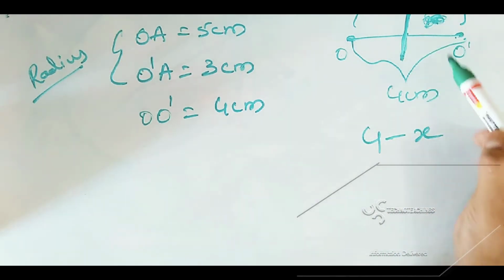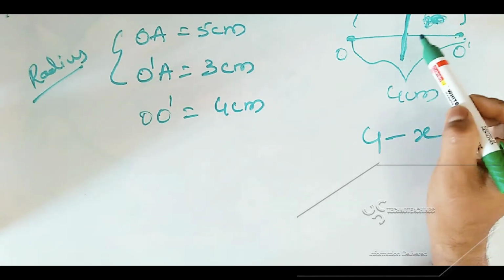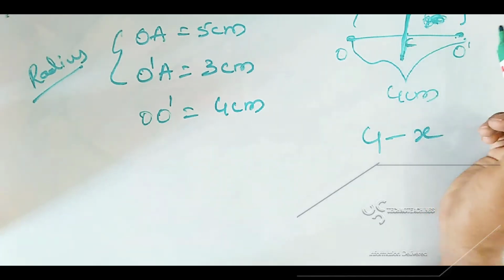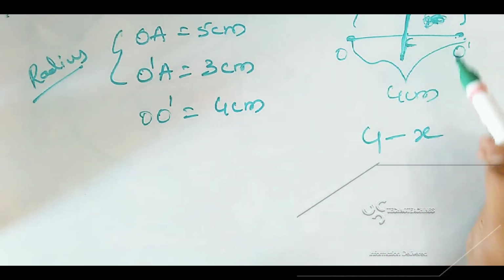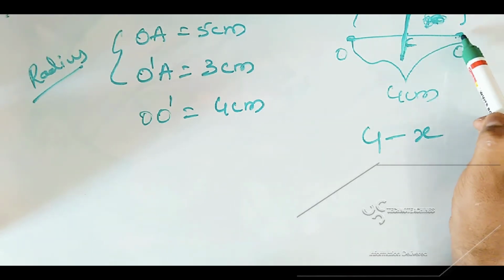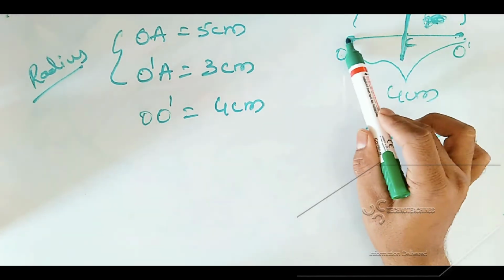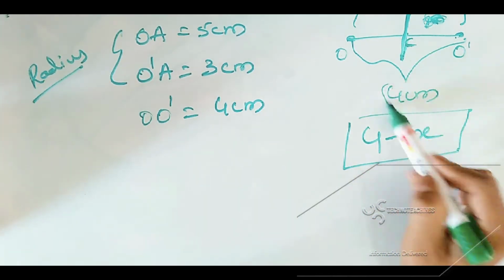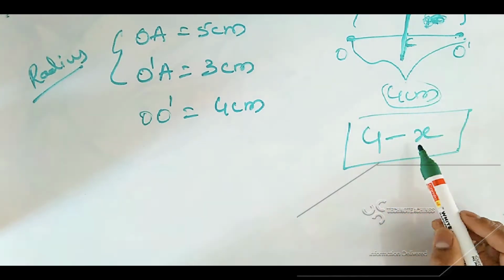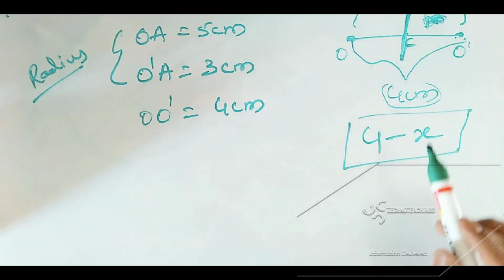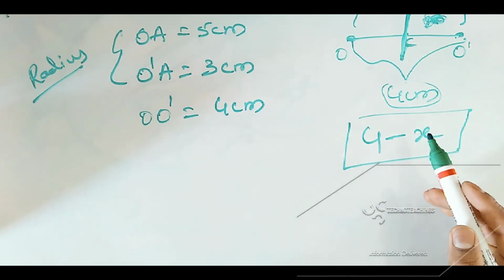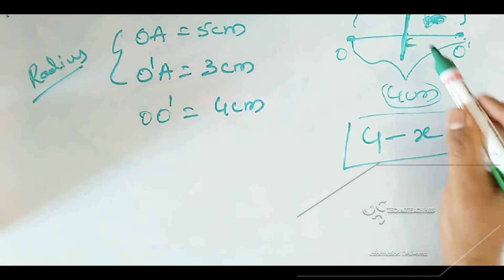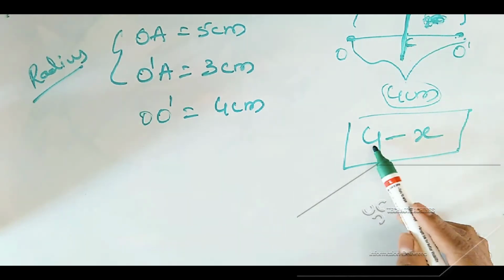So, as per our formula, we have a point at the center of this line as C. If I want to calculate the distance between O dash C or O to C, I'll have the value as 4, this total value minus some number. The total value is being lessened by some value. So I'll assume this particular part as 4 minus 6.